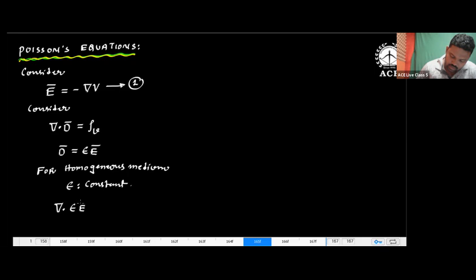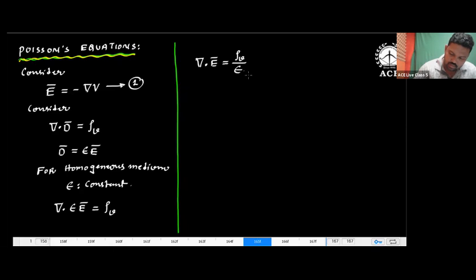Divergence of epsilon E is equal to rho V, beta. Divergence of E is equal to rho V by epsilon.